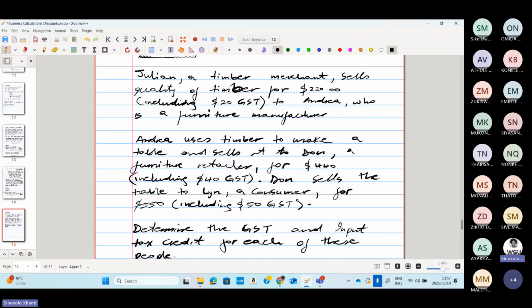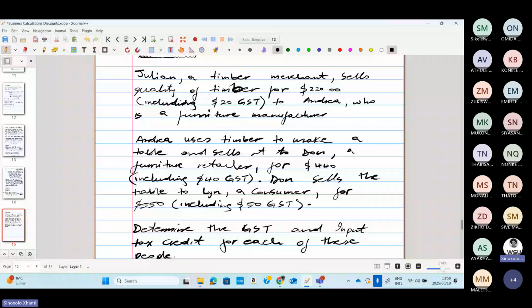So that when I let you go further and do other courses, at least you have an idea of what is going on and some calculations that revolve around this tax and other important aspects of business calculations.